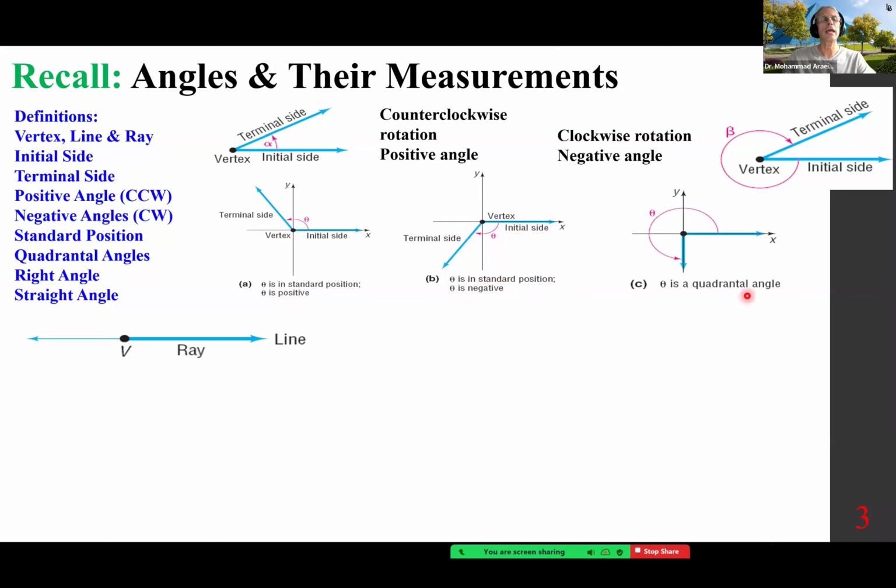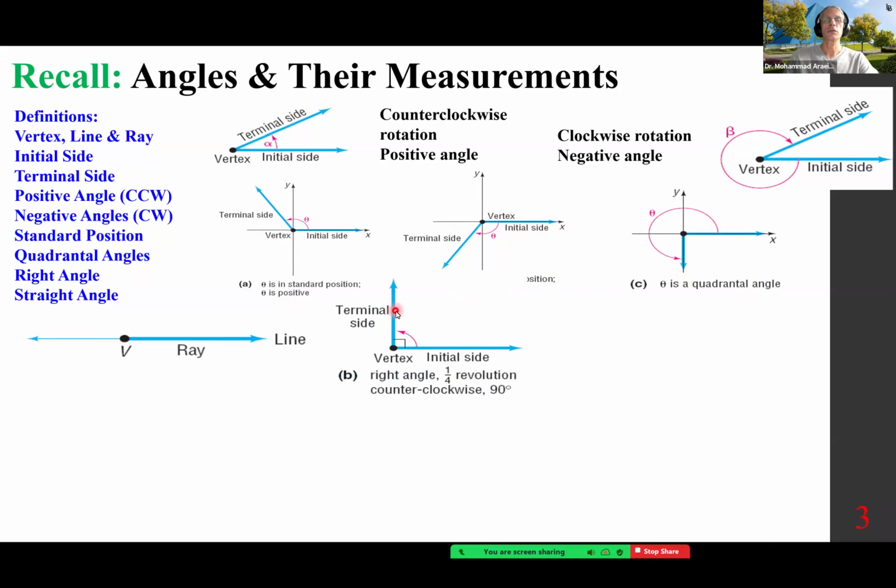A quadrantal angle is one where the terminal side is along the x or y axis, positive or negative. Here's an example of that. This is also a quadrantal angle, and this angle is 90 degrees.